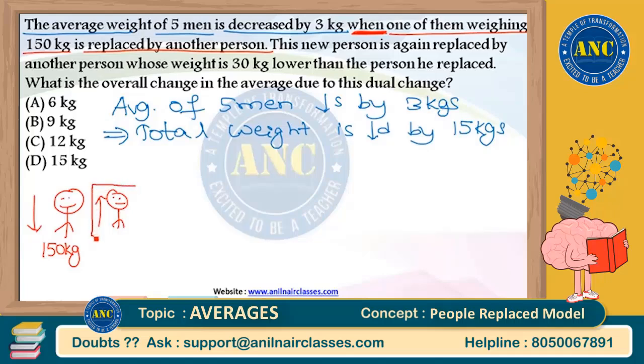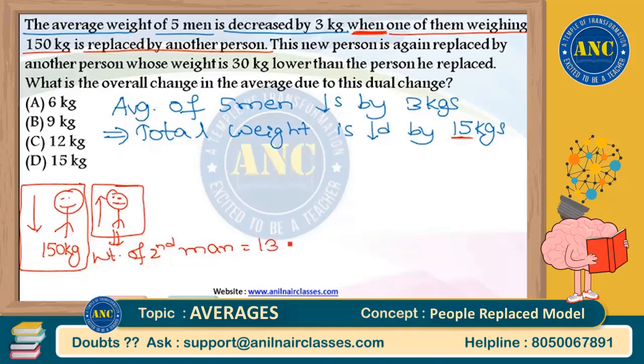That means, can I say that the old person who was there inside, who was 150 kgs of weight, when he leaves and another new person comes inside, total decreases by 15, which means the weight of this second person is 15 kgs less than 150 kgs. The weight of the second person should definitely be 135 kgs. I hope you are clear with this.